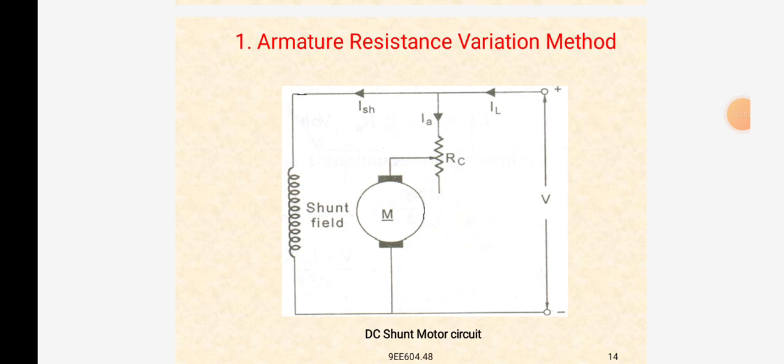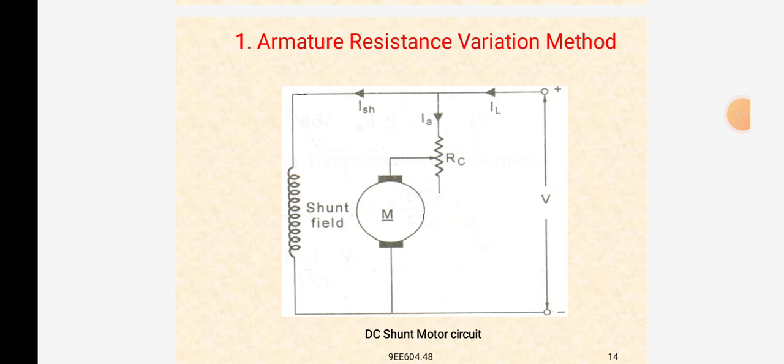After applying the voltage across the motor, due to the voltage drop in the variable resistance, the back EMF EB is decreased, hence the speed of the motor is reduced.